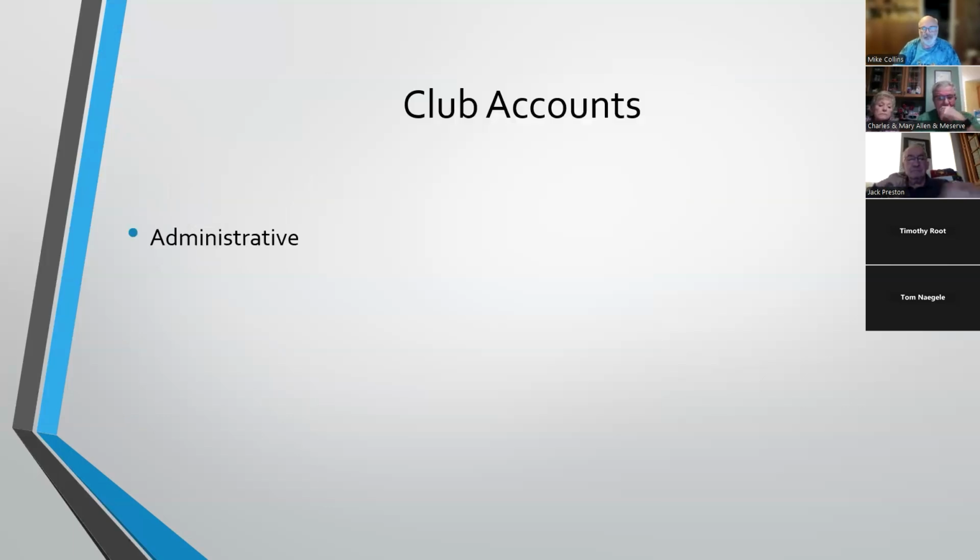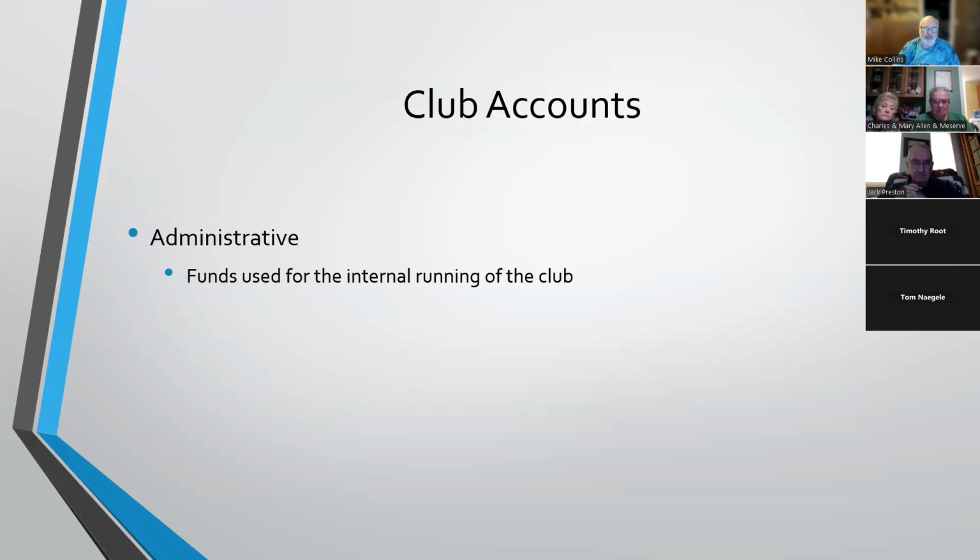Okay, so Lions Club International mandates that you have two separate accounts. You technically don't have to have separate bank accounts, but you have to account for them separately. A lot of clubs do two separate bank accounts just because it's easier that way, so it makes it simpler sometimes.